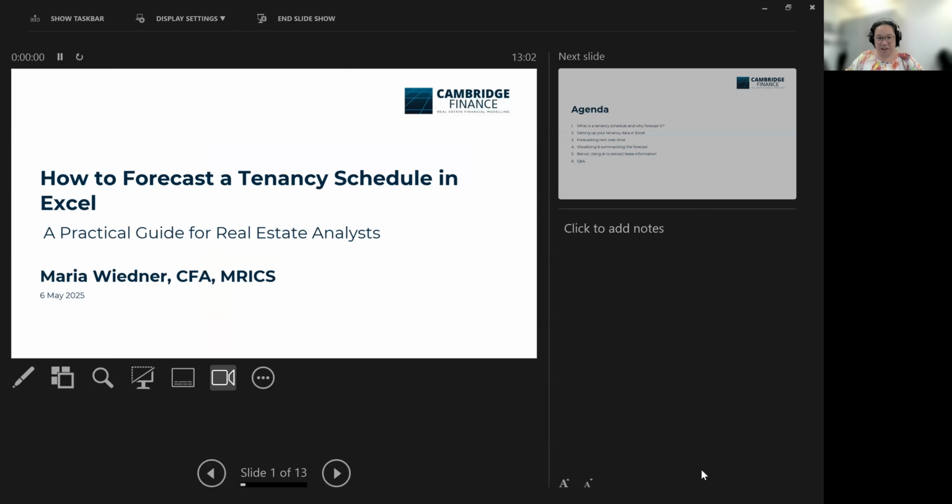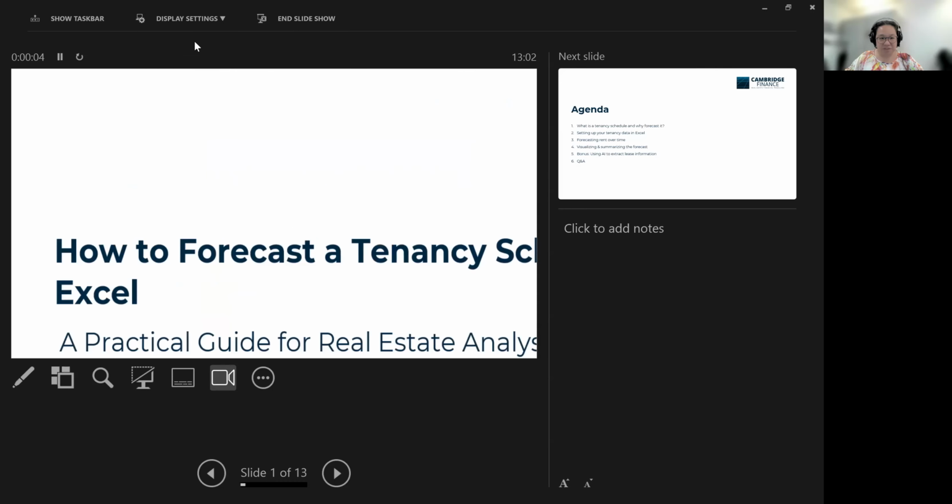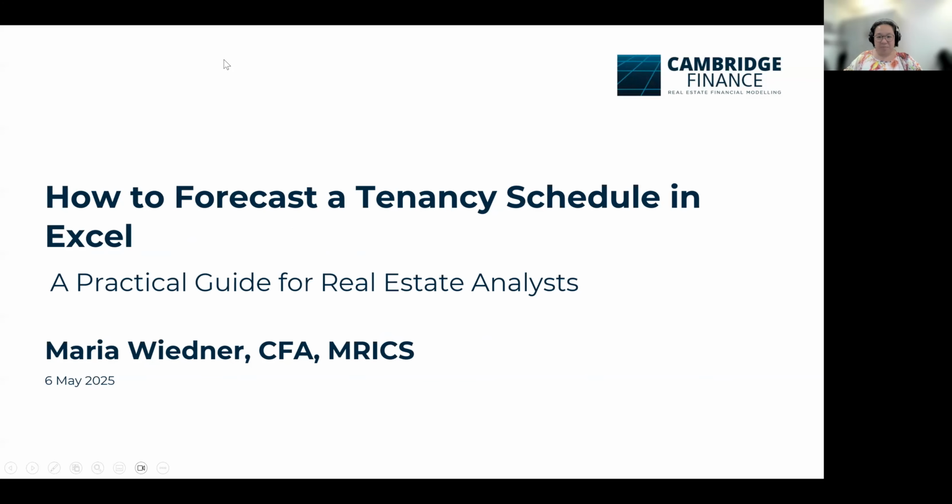Okay, so let me start with my screen sharing and with my slides. Let me just swap the presentation here. I pretty much did this using AI. I put it in ChatGPT, just so you know.